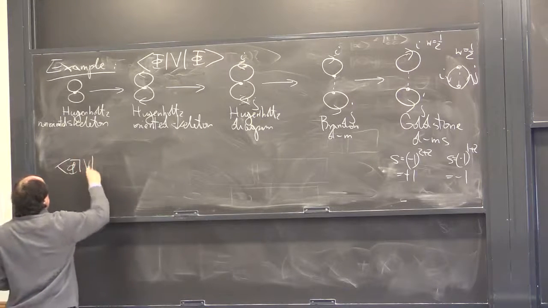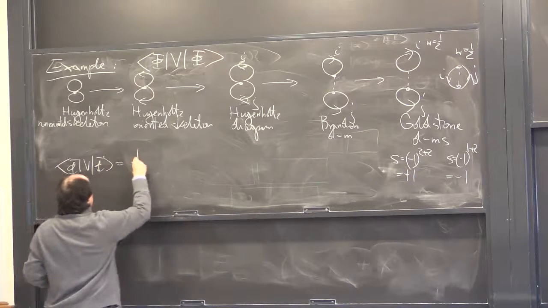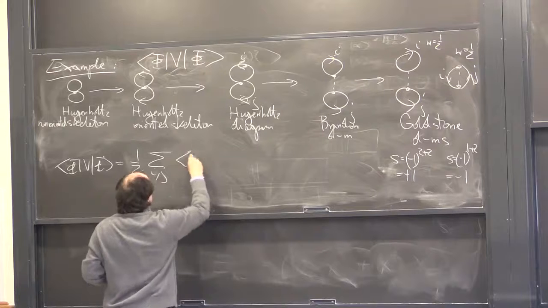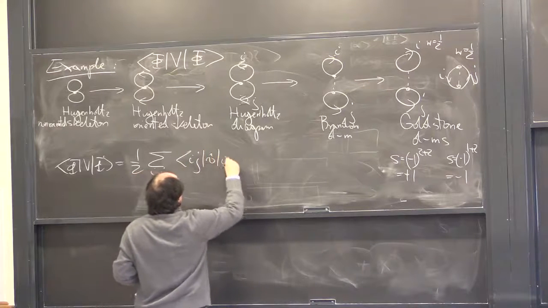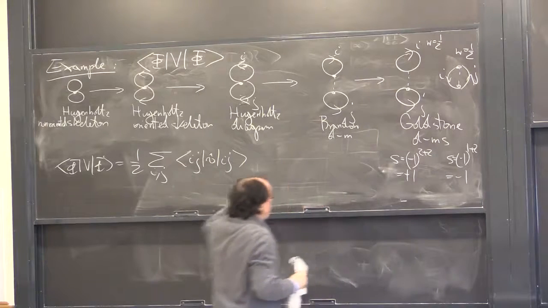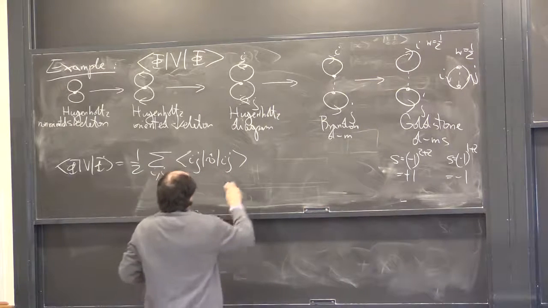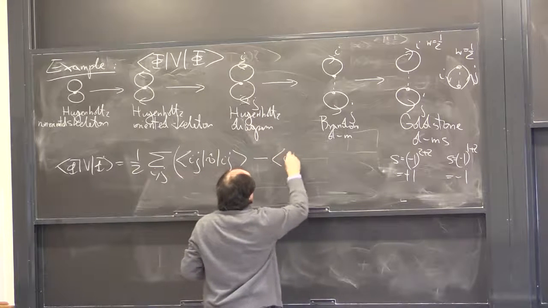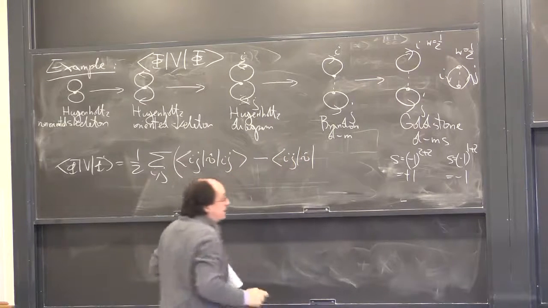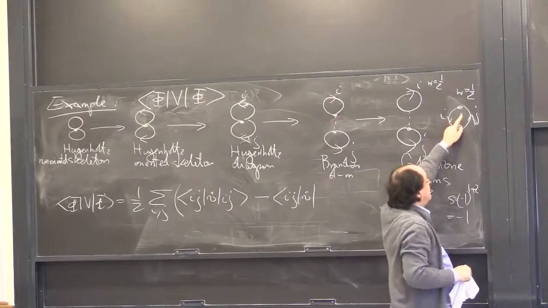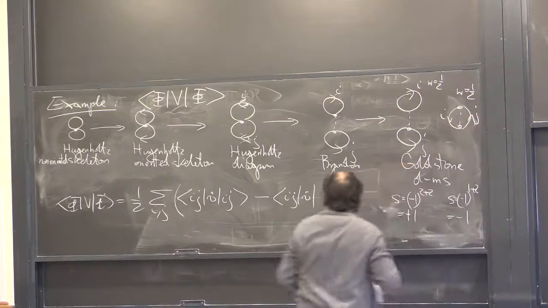It would be 1/2 sum over ij of <ij|v|ij> for the first Goldstone diagram, outgoing lines ij, incoming lines ij in the same order. And from the second diagram, if outgoing lines are ij, then the corresponding incoming lines are ji, because j comes into i and i comes into j.